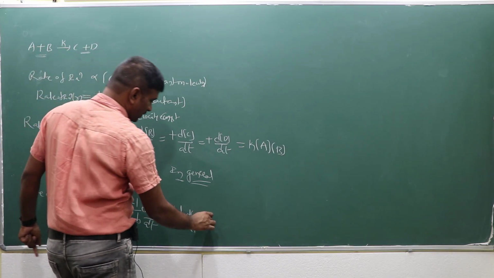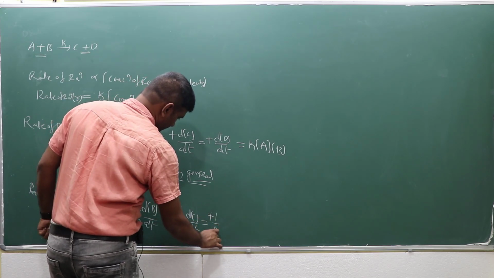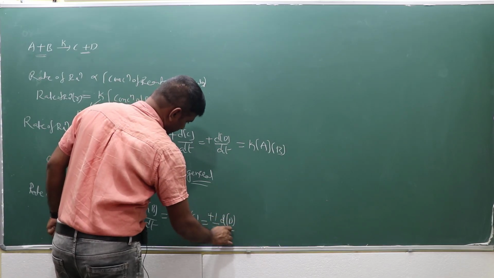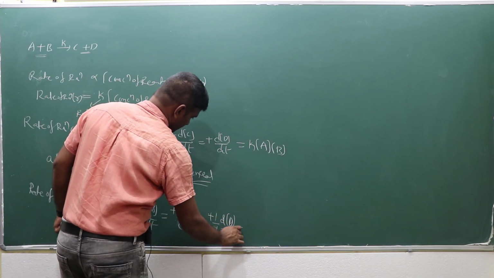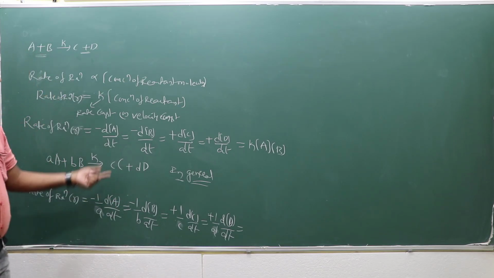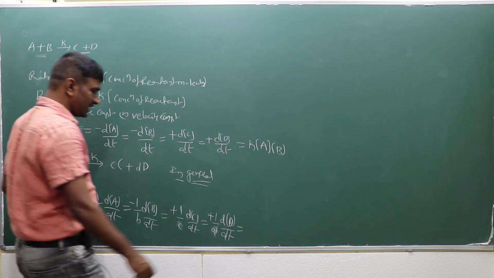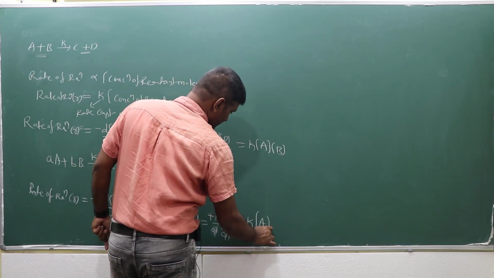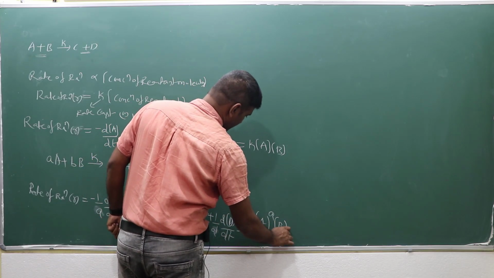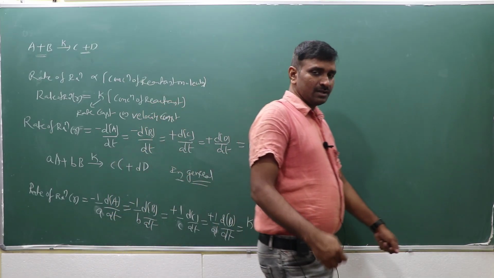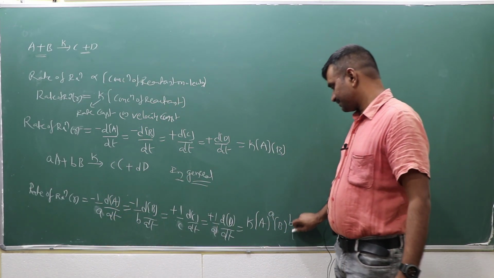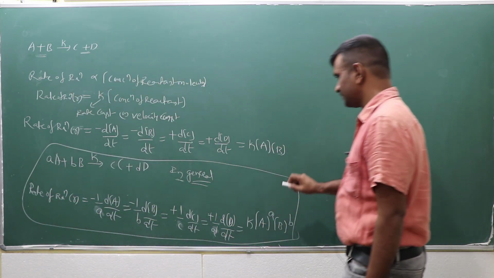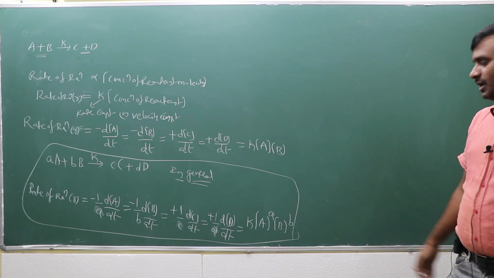And in the case of product molecule D, plus 1 by d into dD by dt is equal to, which depends upon the concentration of the reactant molecules, K into the concentrations of A and B raised to a and b. So this is the generalized form. A generalized reaction will be given, and whichever it is, you have to apply this.